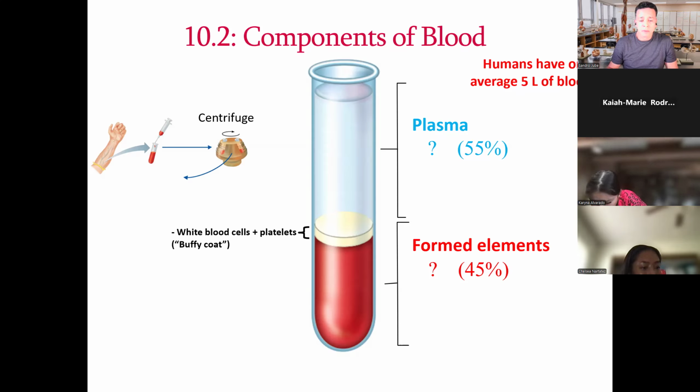Then the rest of the blood is made of cells called the red blood cells, also called the erythrocytes. As you can tell right here, just by looking at the slide, we have a lot more erythrocytes or red blood cells than we have white blood cells and platelets. The red blood cells are the most abundant blood cells in our body.